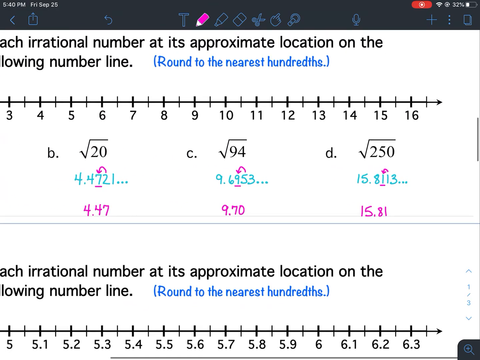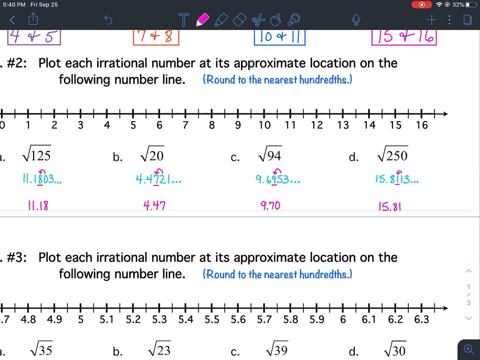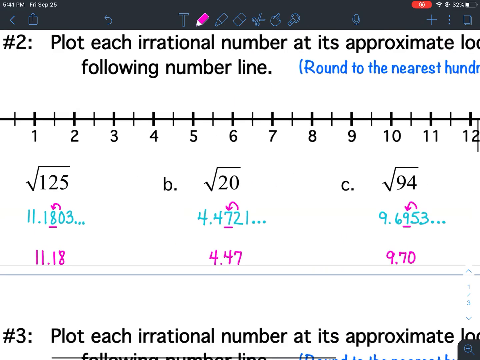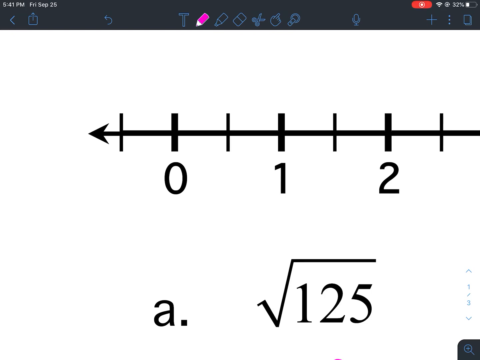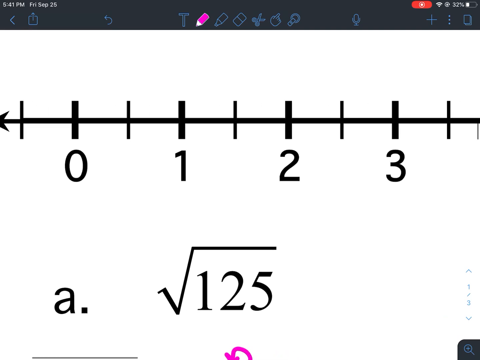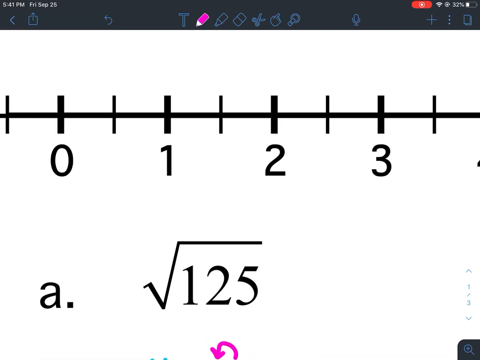All right, now we're going to take these rounded numbers and we're going to plot them at an approximate location on the number line. All right, before we do that, the easiest way to look at these is to think money. I'm going to use the 1 and the 2. So think of this 1 right here as $1, and this is $2. What would be between $1 and $2?